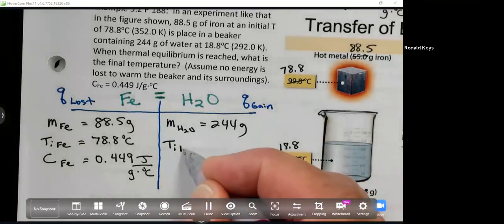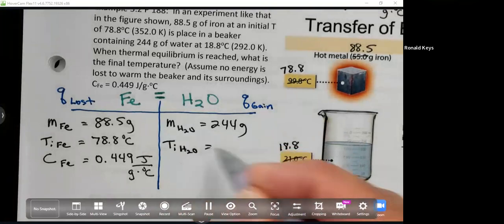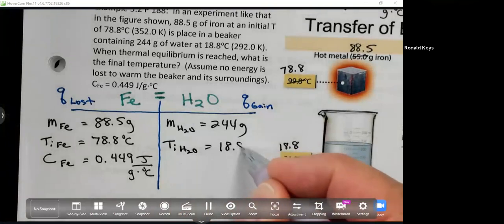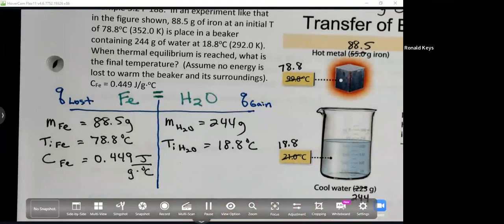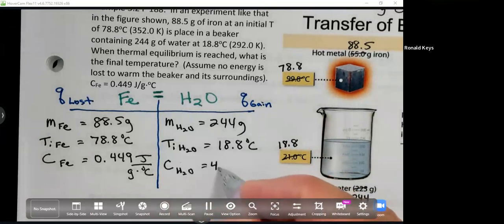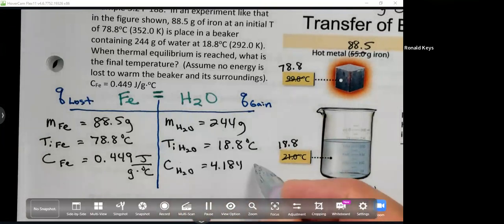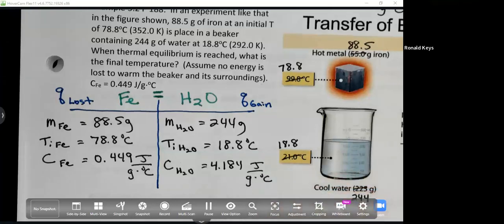T initial of the water is 18.8 degrees Celsius. My specific heat of water is 4.184 joules per gram degree Celsius.